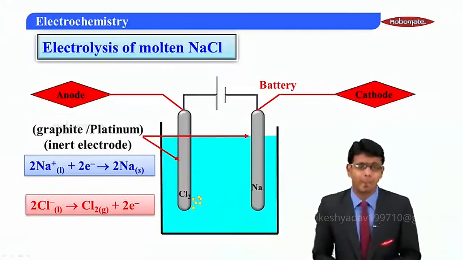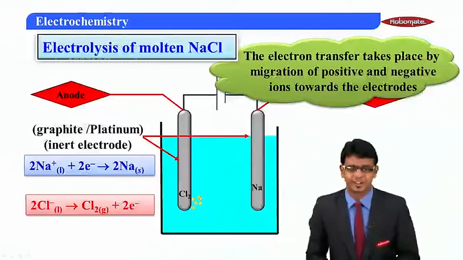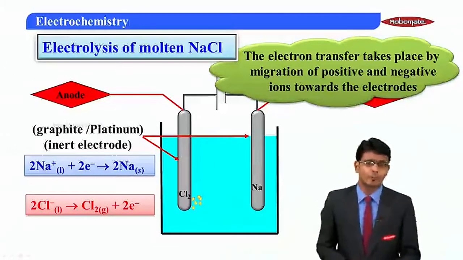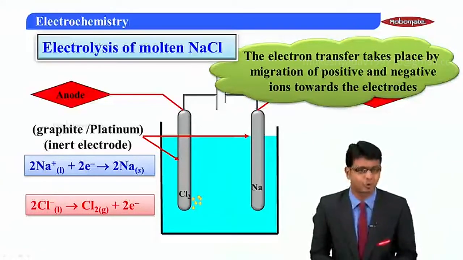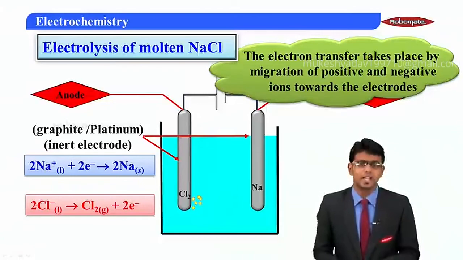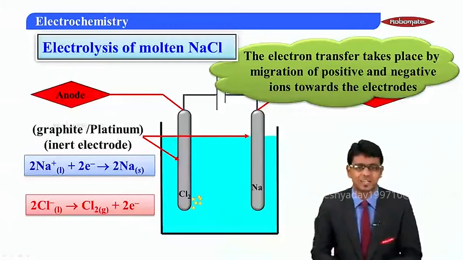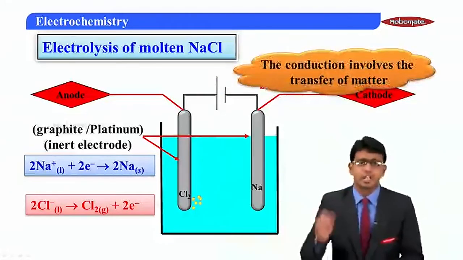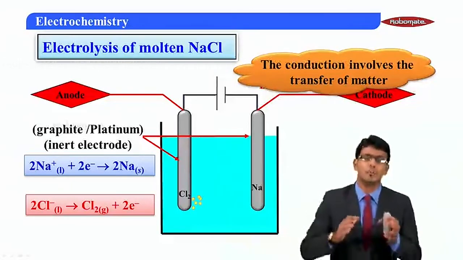So students, what is happening here actually? The electron transfer is taking place by migration of positive and negative ions towards the respective electrodes. So the electron transfer here is different from what we saw in electronic conductors. The conduction is involving the transfer of matter.